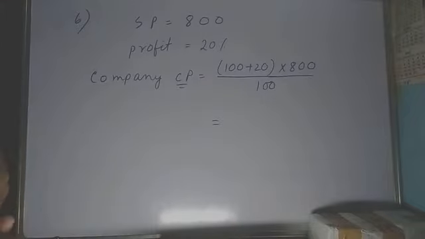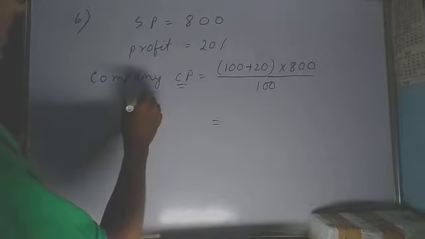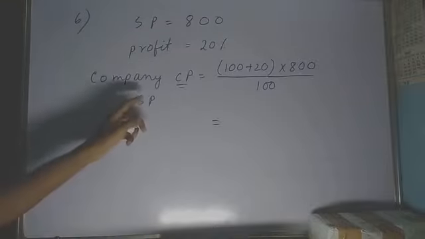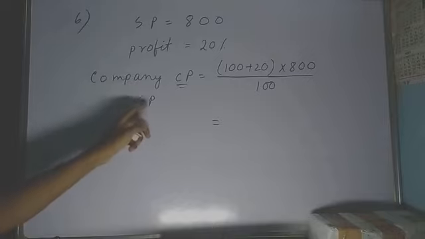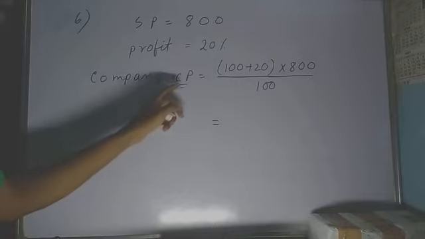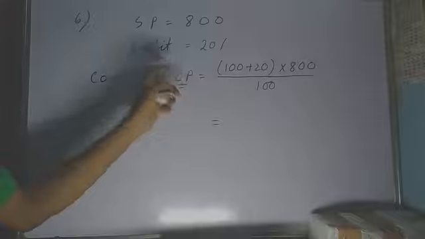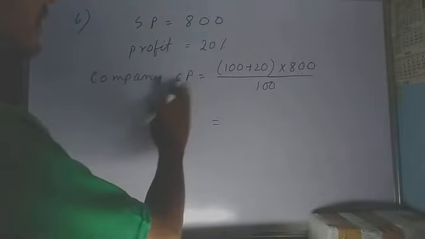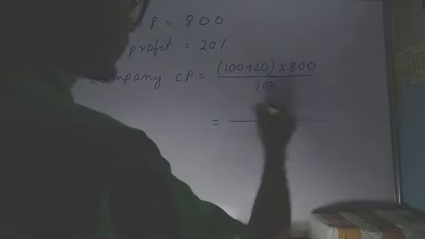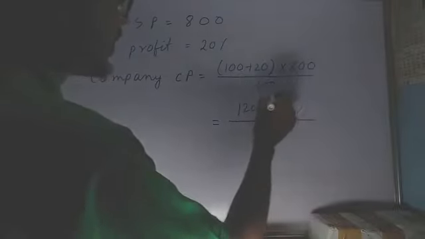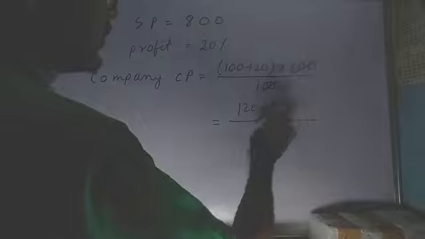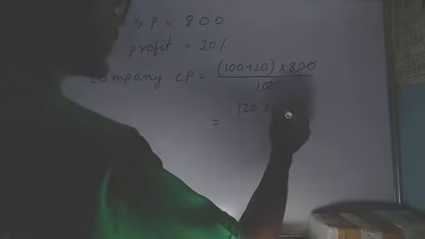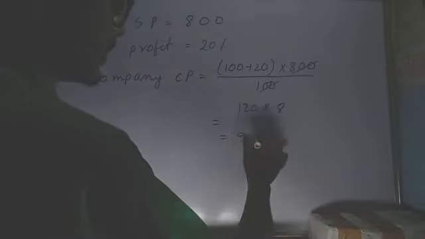This is the company's selling price. At what price is the company selling the product? The company's selling price is the cost price for the retailer. So both are the same. 120, now cancel 00, multiply 8, 96.